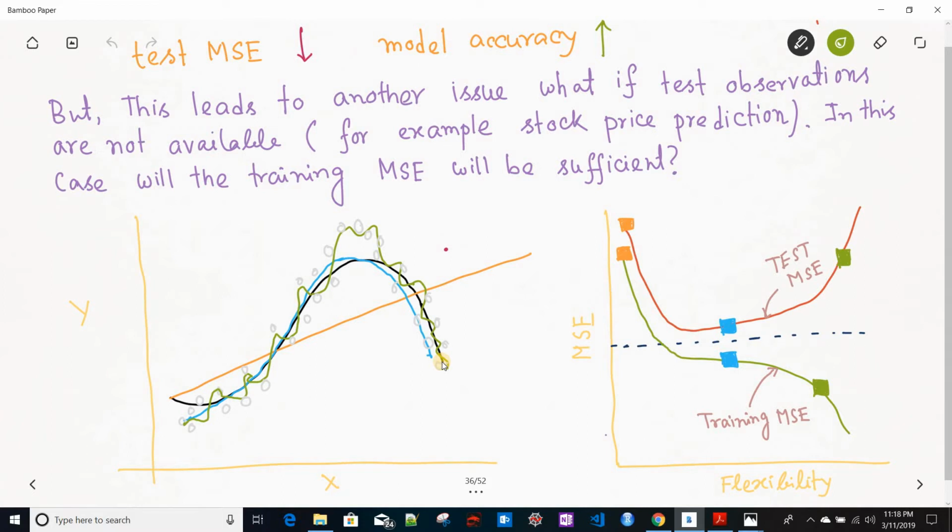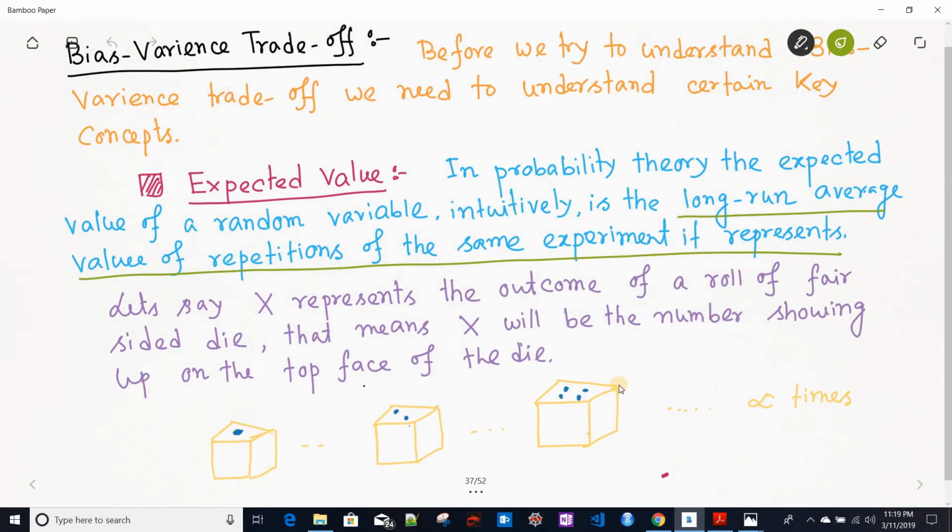If we have some measurement or idea about test MSE, we can determine which model is the best for this data. So this leads us to a very important concept in supervised learning called the bias-variance trade-off. Before we talk about it, we will try to understand certain key concepts.